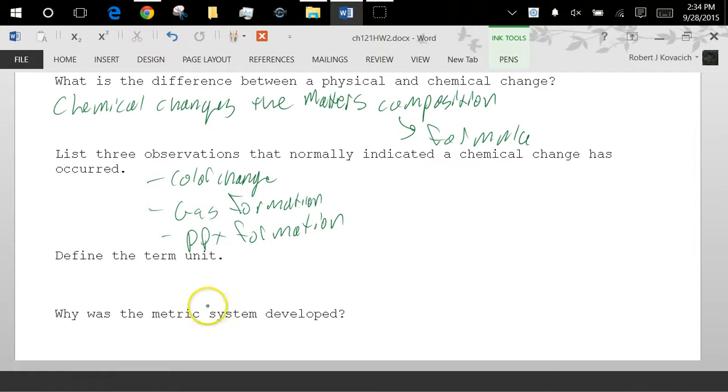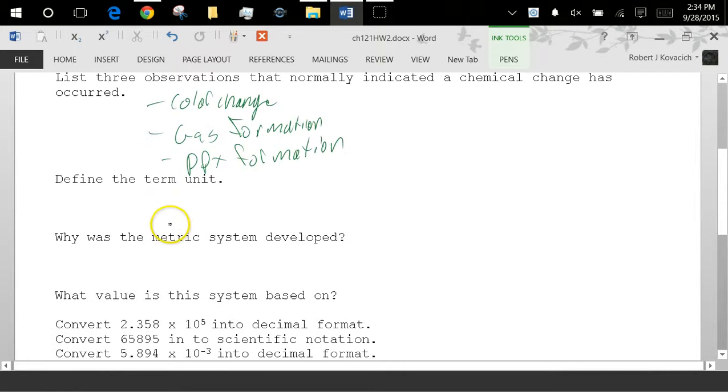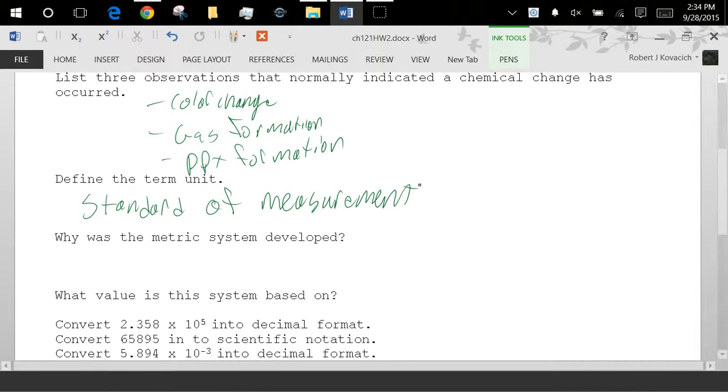All right. How about this unit? Standard of measurement. Yeah. So the measurement part's really obvious. Why is the standard part important?